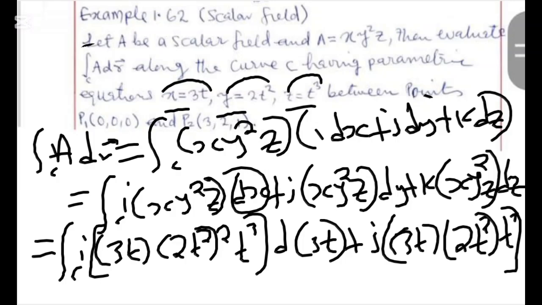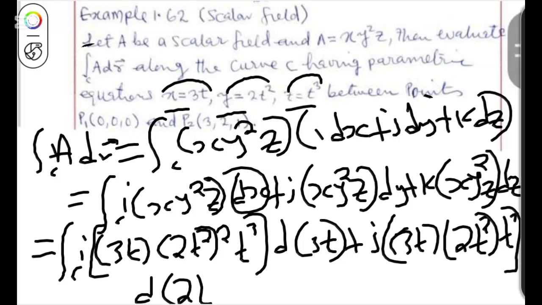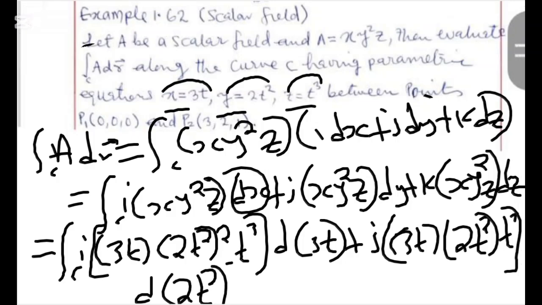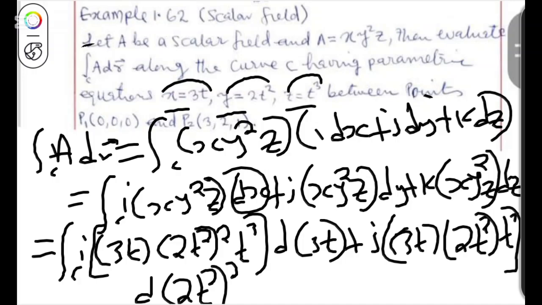And it also has dy. So dy is the same thing as d of 2t squared.